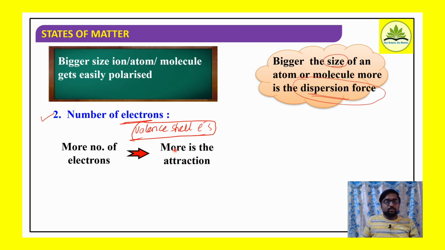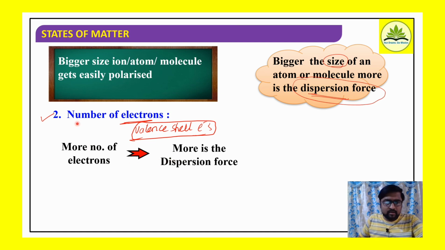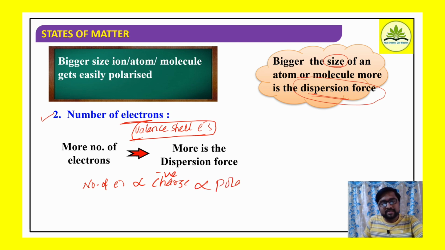If they are easily polarized, there will be more attraction with the different temporary dipoles. Therefore, the number of electrons is again directly proportional to dispersion forces. Larger the number of electrons, the more the negative charge, and the more the polarizability.